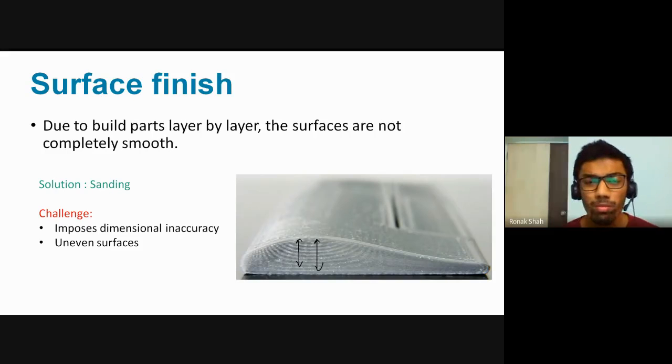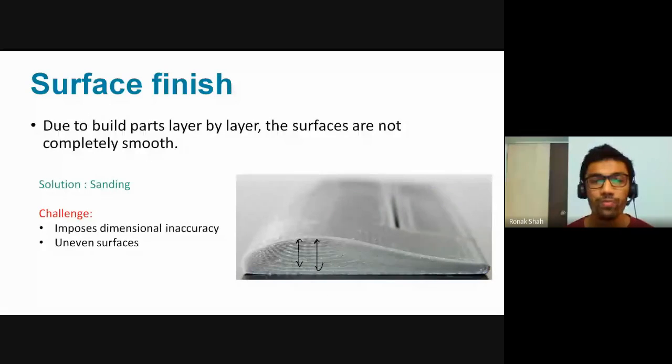The problem with sanding is that it is a very tedious job. It takes a lot of time when you are using plastics. Then, while sanding, the temperature rises again, which damages the mechanical properties, and it might distort the shape.